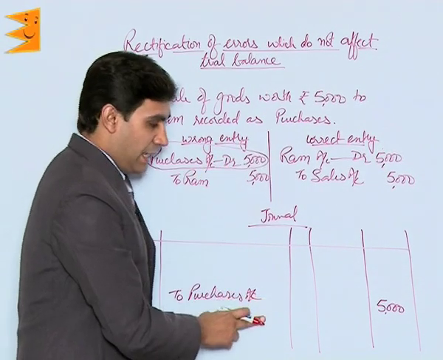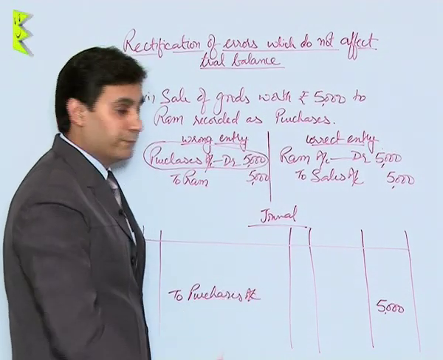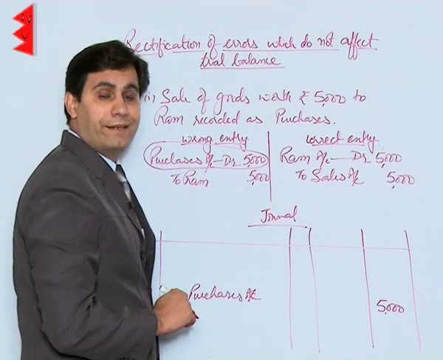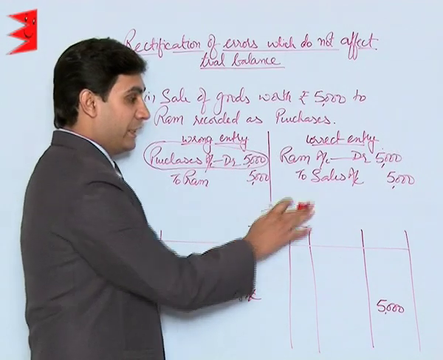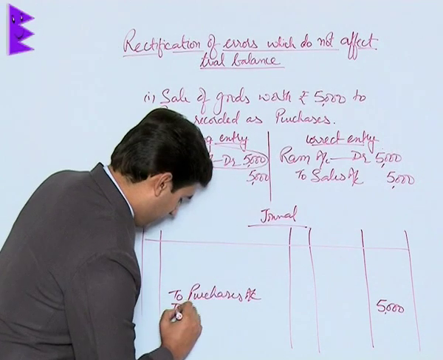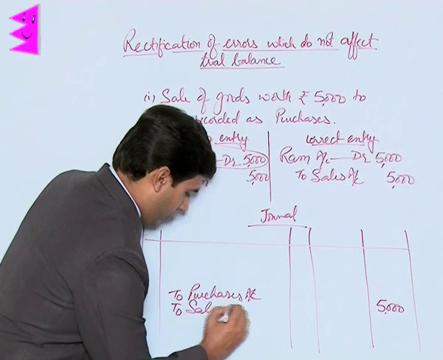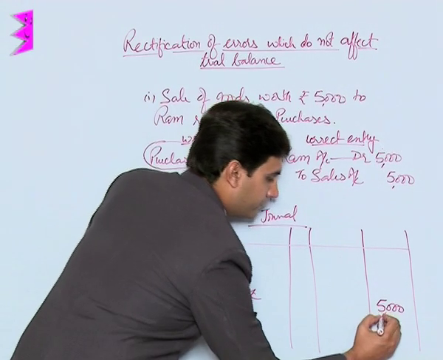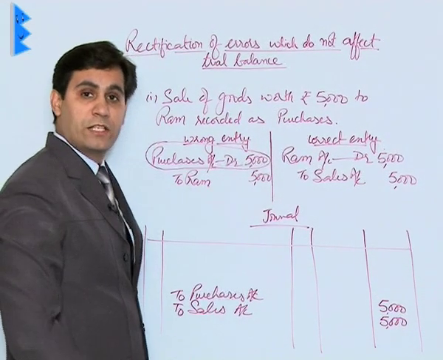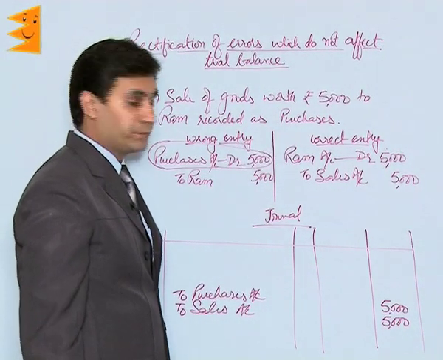Now we have given an equal credit, so rectified. Then sales should have been credited. We should have credited sales, but we did not do it here. So credit sales as well, to sales account 5,000. So sales also now rectified.